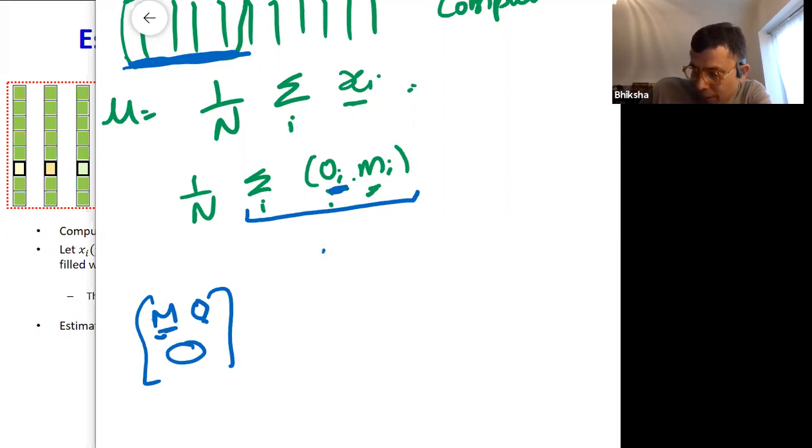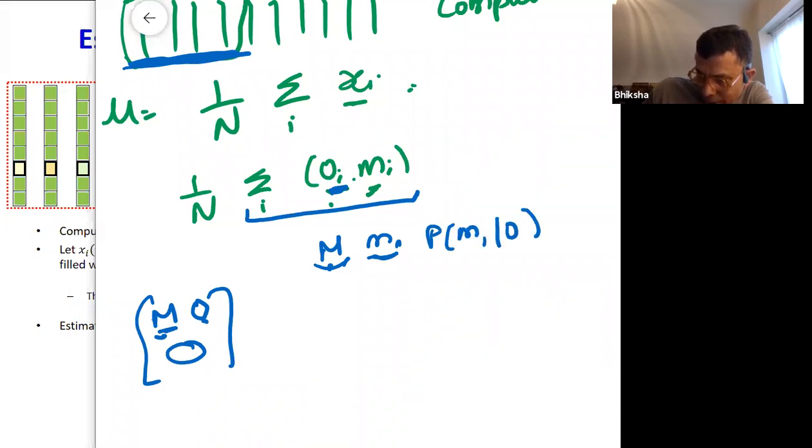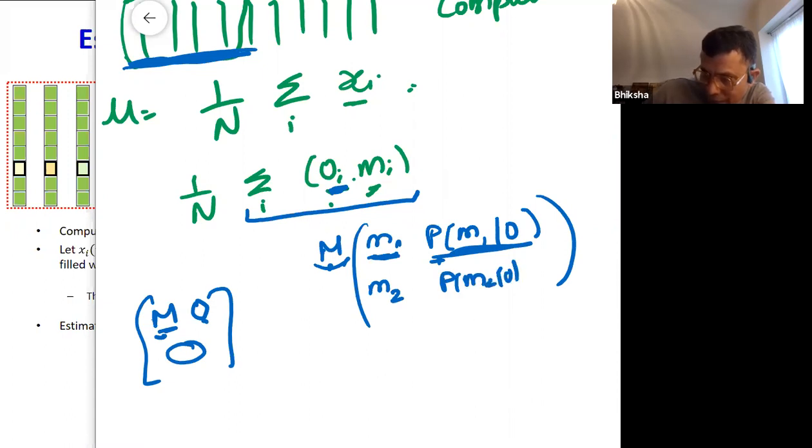So what will happen? There are a total of m clones. Of these m clones, the missing component took the value m1 with probability P of m1 given O, right? So this fraction of all of these is going to take the value m1. P of m2 given O is the fraction of this entire block that took the value m2.